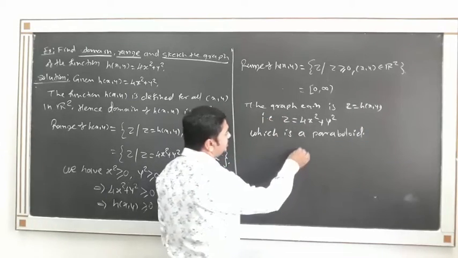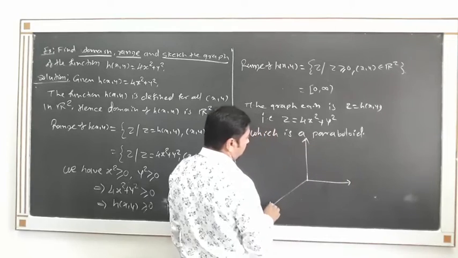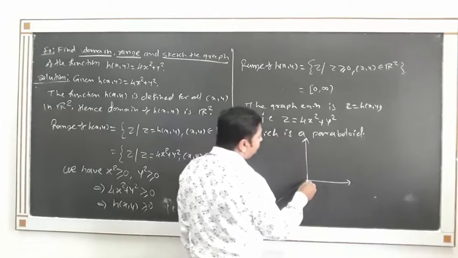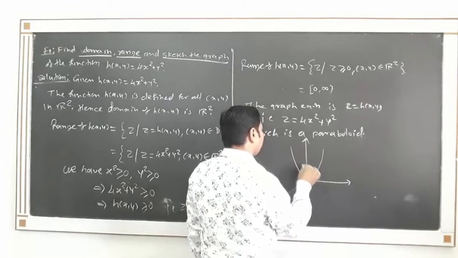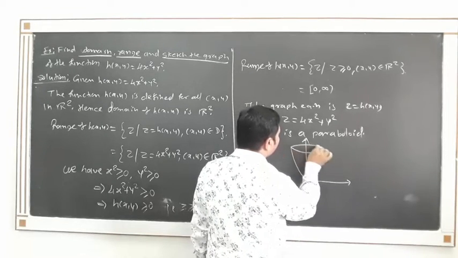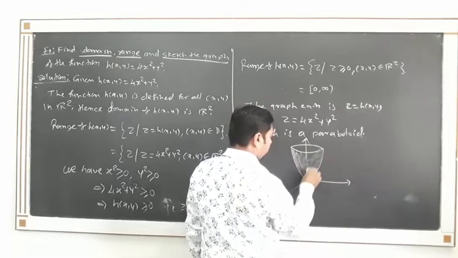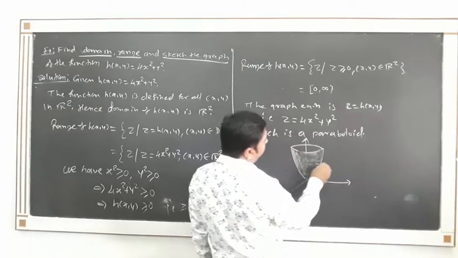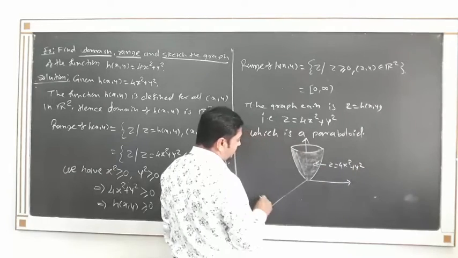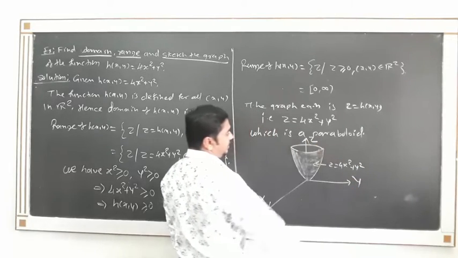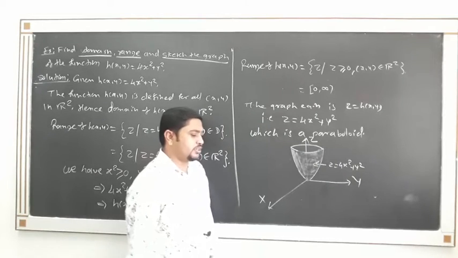So how do we draw or sketch the graph? This is symmetric about the z-axis. So this is our paraboloid, z is equal to 4x² plus y². This is our x, y and z axis. Now try to think.